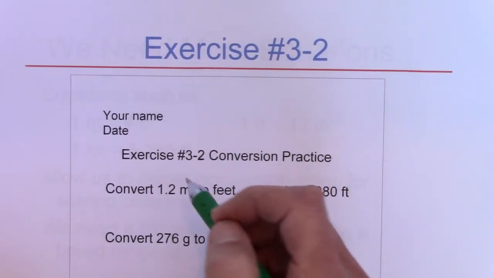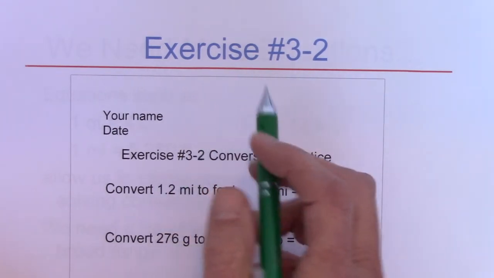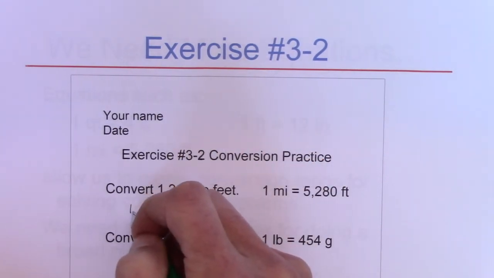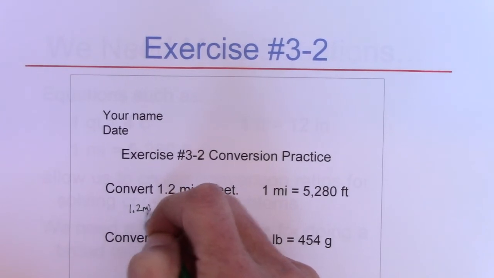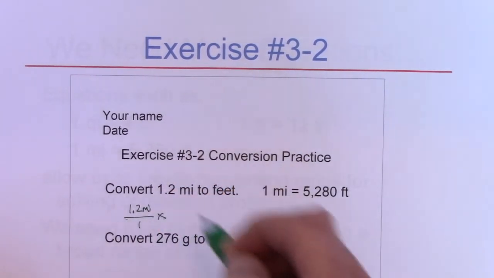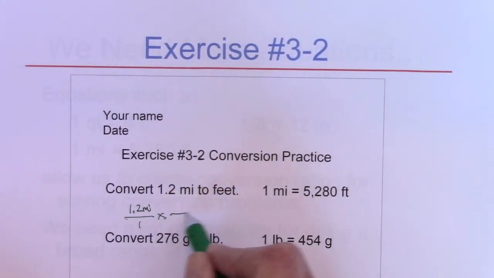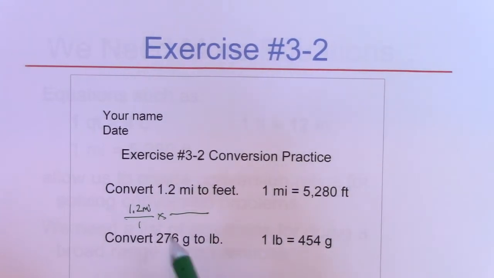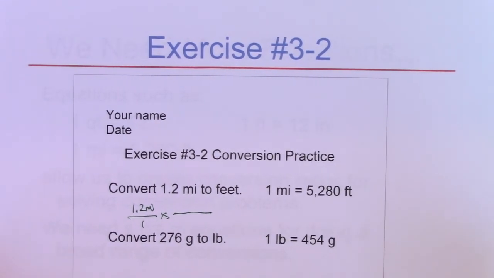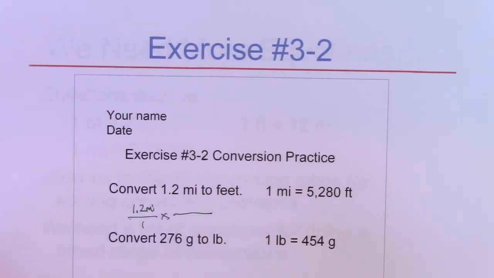So 1.2, we'd start, for example, here, 1.2 miles divided by 1 times, figure out, we're going to have something in the numerator and something in the denominator, figure out how to do that and solve the problem. Go ahead and use a calculator for this, and restart the video when you're done with all 3 problems.